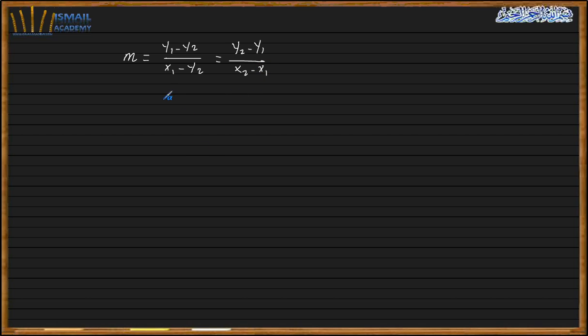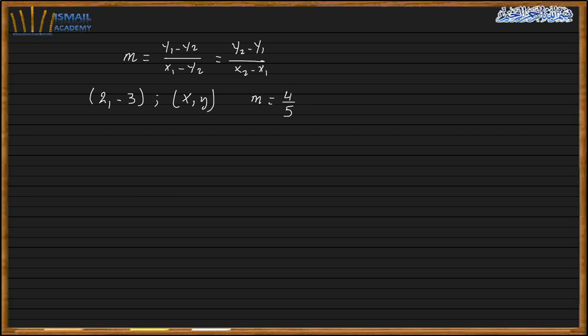So I need 2 points. My first point is (2, -3), and the second point is the point we chose, which is (x, y). And my slope is 4 over 5.